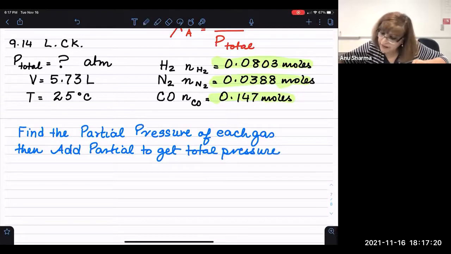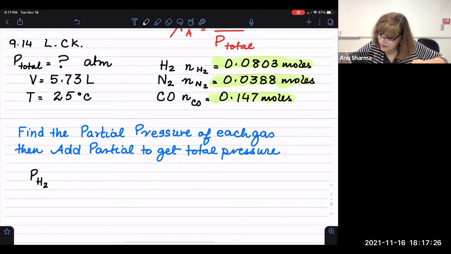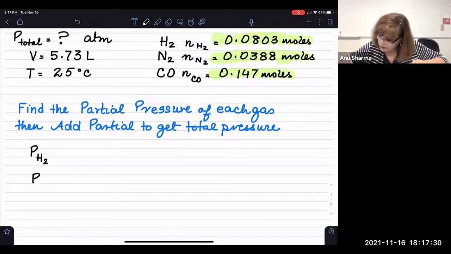All right, now we are doing this. Let's calculate the partial pressure of hydrogen, the partial pressure of nitrogen, and the partial pressure of carbon monoxide.